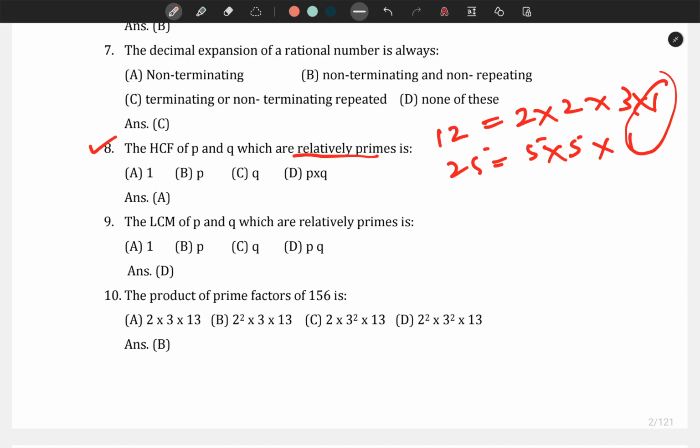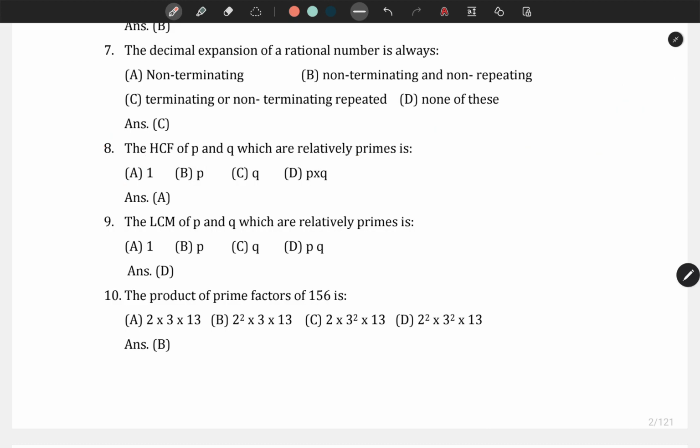So if we take two relatively prime numbers, then the HCF, which is the common factor, is just 1. So the HCF of two relatively prime numbers or co-prime numbers is always going to be 1, because 1 will be the only factor which is common.